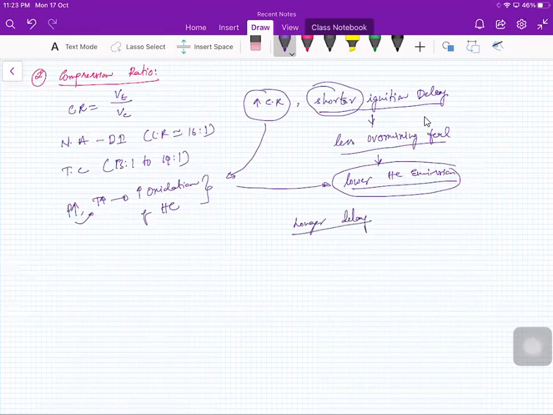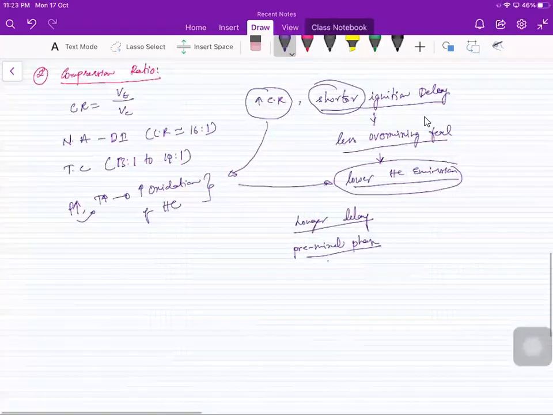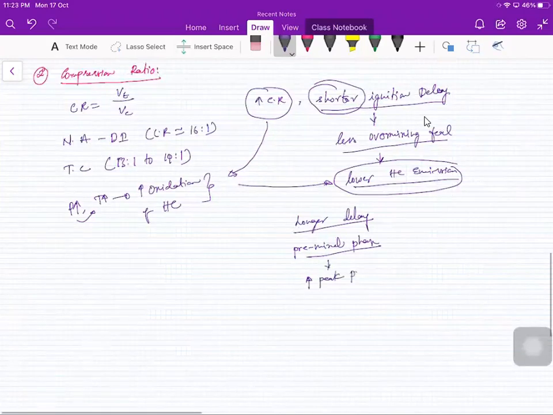When the delay period increases, the fraction of fuel burnt during the pre-mixed phase increases. The pre-mixed phase results in higher peak pressures, and higher peak pressure results in an increase in temperature.